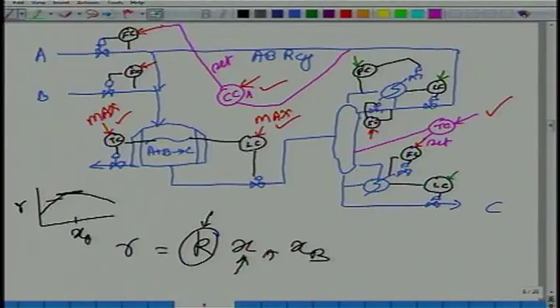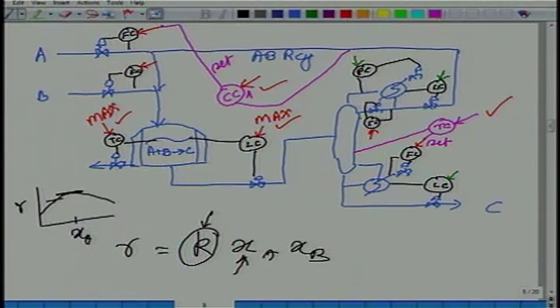Particularly the boiler being set by the operator was giving me the problem of having no control over my product purity. If A is too much or B is too much, the excess is bound to drop down. To fix that problem, I decided to control the temperature.